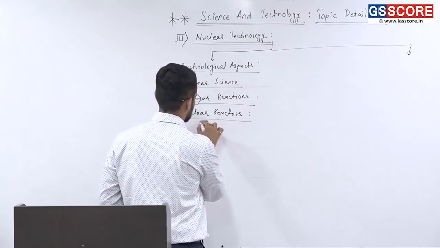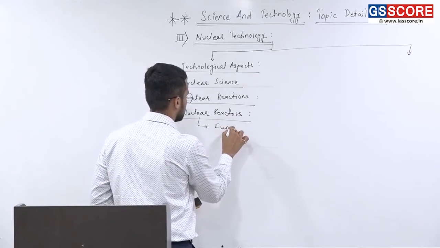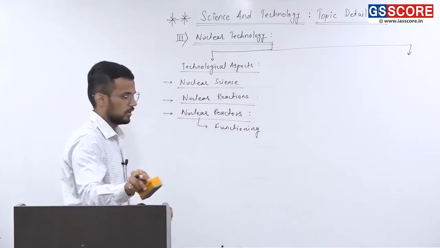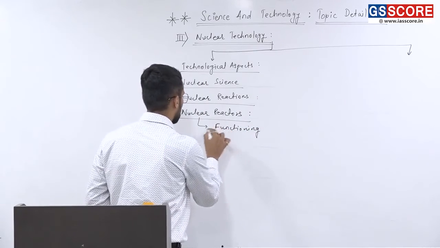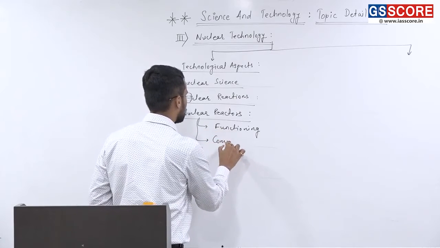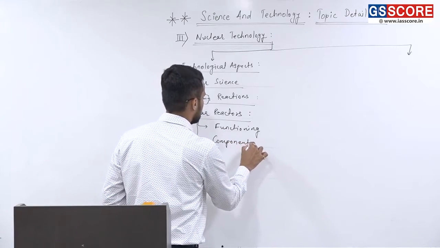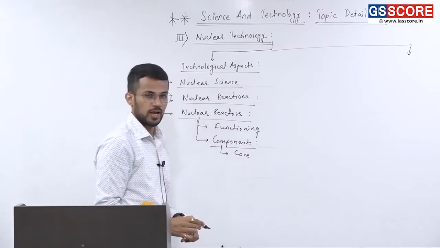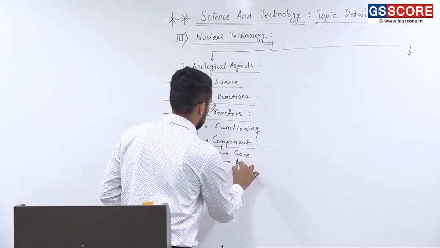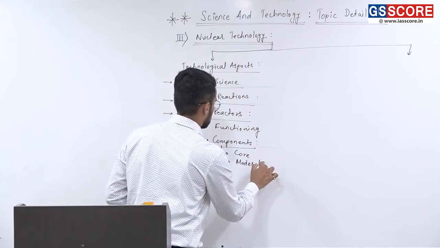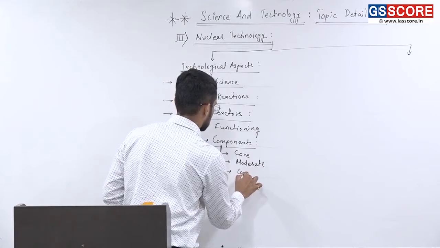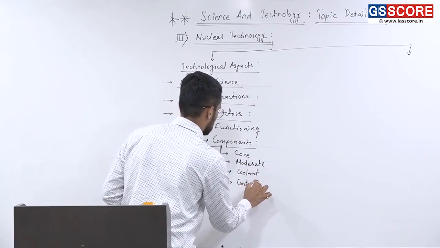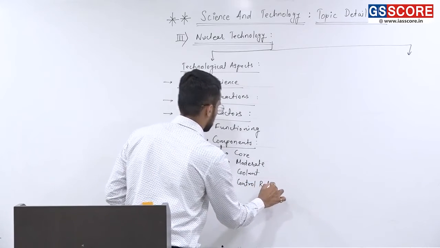Nuclear reactors. How do they function? Functioning of nuclear reactors. Then there are different terms or different components of nuclear reactors like the core of the nuclear reactor, then moderator, coolant and control rods, right?